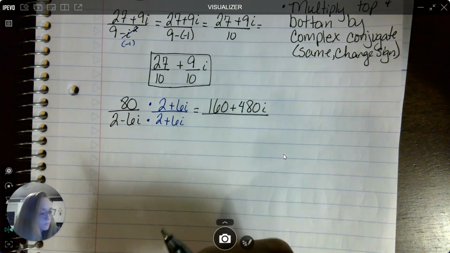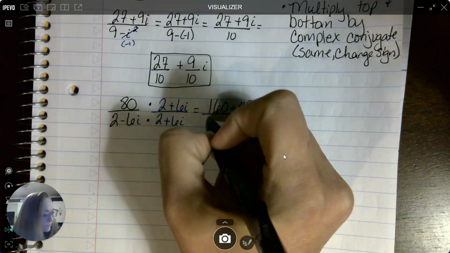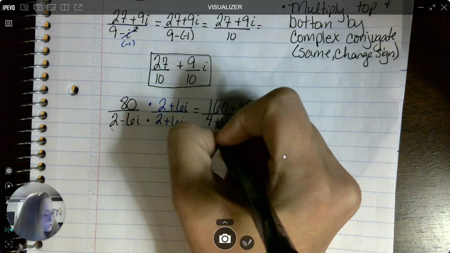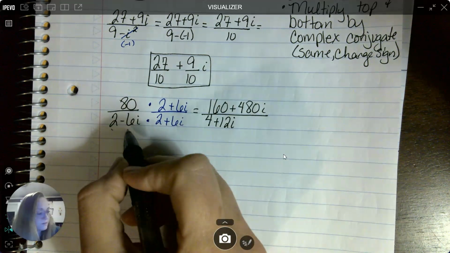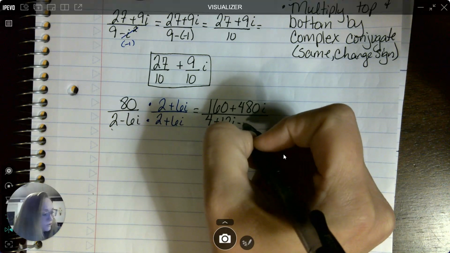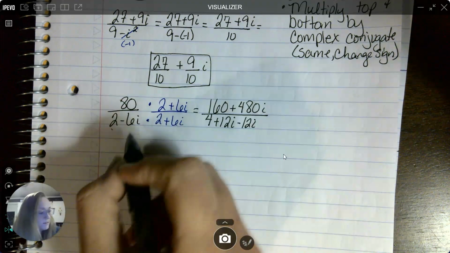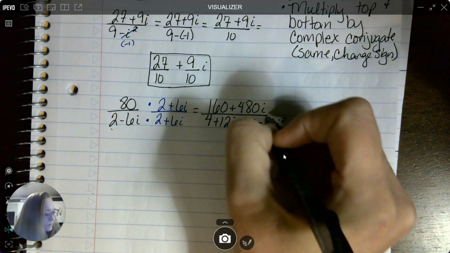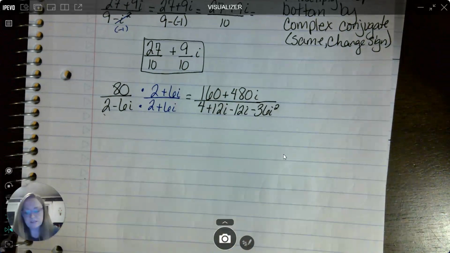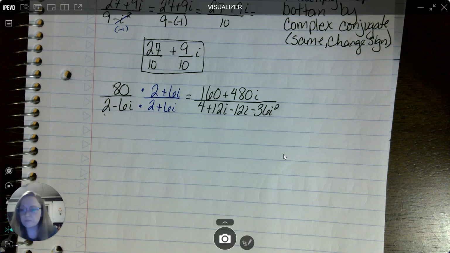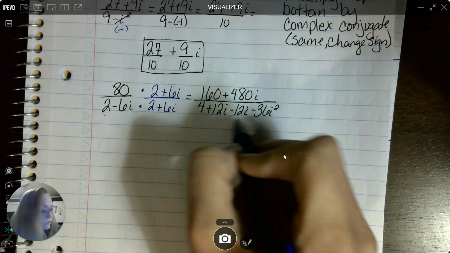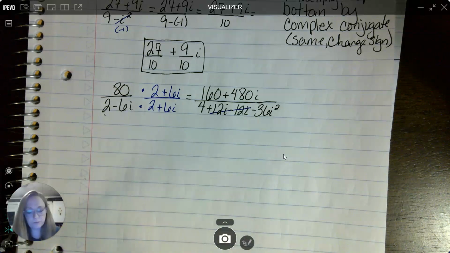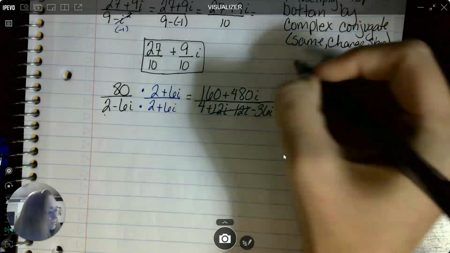We want everything multiplied by everything, so I would get 4 from 2 times 2. 2 times 6 is 12i, and then negative 6 times 2 is negative 12i, negative 6 times 6 is negative 36i squared. Looks kind of crazy, but once we clean up by combining like terms, it's not going to be too bad. So you'll notice your i's in the center cancel, and remember that our i squared is negative 1.